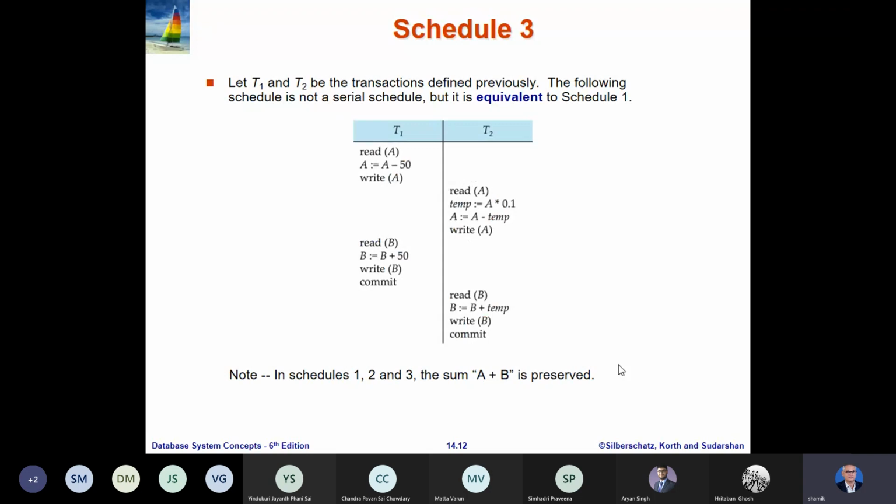schedule 3, which is now a concurrent schedule, because we have some instructions of T2 happening in an intermingled manner with the instructions of T1.